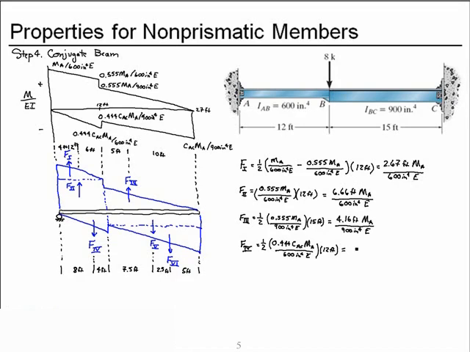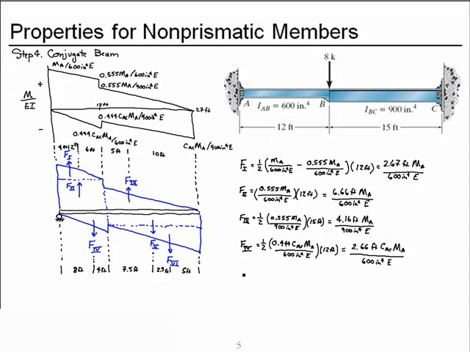Put those together and we get 2.66 feet times the carryover factor times the moment at A divided by the 600 inches to the fourth E.